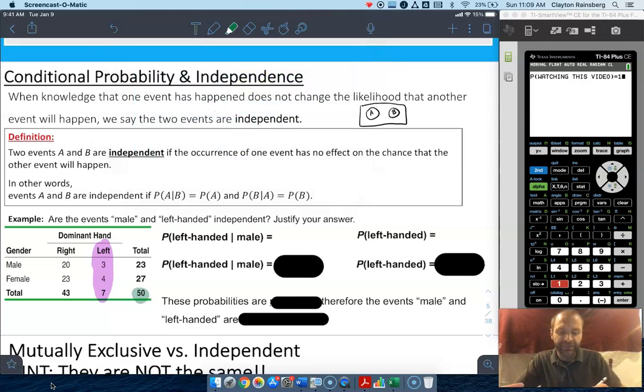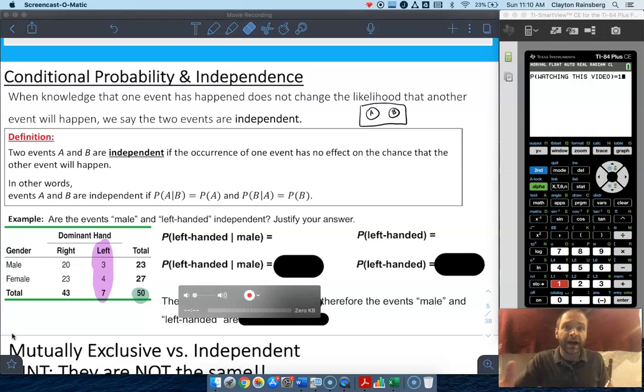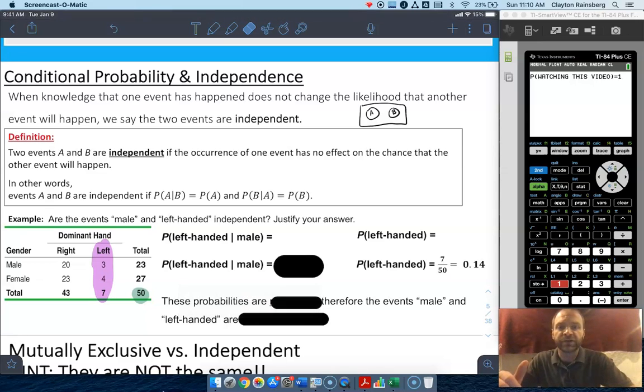So that tells me the probability of someone, based off this data, being left-handed should be 7 out of 50, which is 0.14. So now I have that. So I want to know, is the probability of being left-handed independent from the probability of being male? Is the probability of being left-handed, given that the person's male, equal to just the probability of being left-handed?